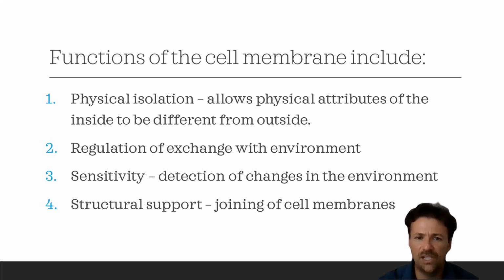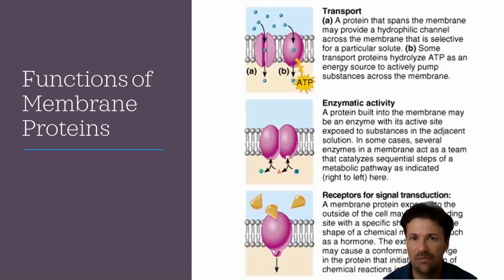And often these are achieved by the proteins that are embedded within the cell membrane. I'm not going to go through this in detail, but you can see the functions there again are transportation, movement of substances in and out. Sometimes these proteins can function as enzymes to trigger reactions that are important in the cell. They can function as receptors or detect changes outside of the cell.